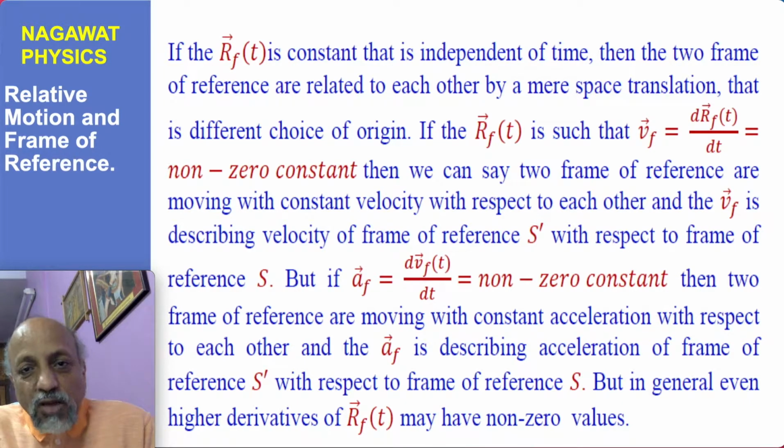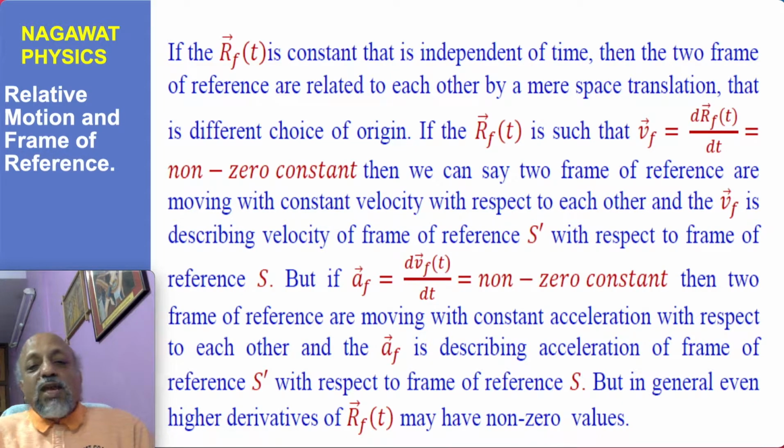But remember, it's not necessary that Vf, the velocity of the prime frame with respect to the unprimed frame, should be constant. It can be changing, it can be accelerating, and it can have any value of acceleration. So in general, Af or even higher derivatives will have non-zero values and maybe time dependent values.